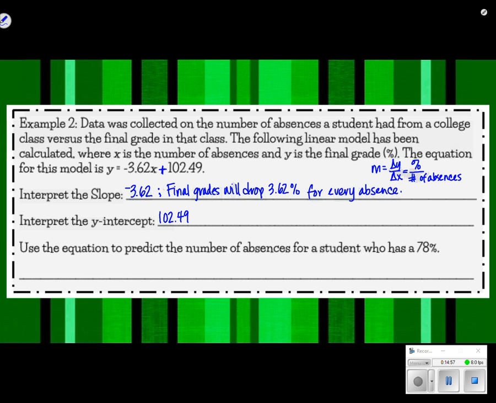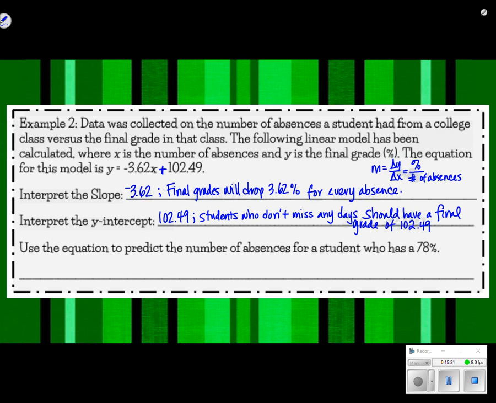So what this would mean is that students who don't miss any days should have a final grade of 102.49. Again, we're not 100% sure if that's possible, but that's at least what the units and that number are telling us.